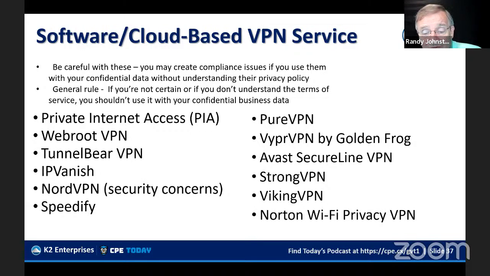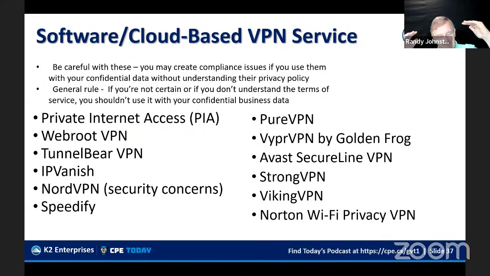Same thing is true with NordVPN. I've got security concerns there because of the Russian backdoors. But we have a variety of VPN services that are good, that protect our capabilities and our privacy.